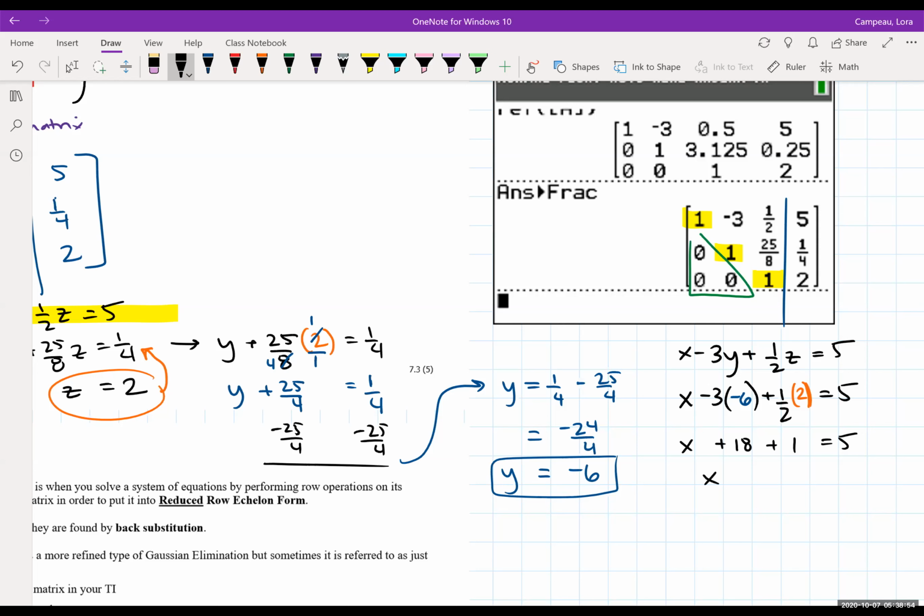A nice simplification: x plus 19 equals 5. Then we subtract 19 from both sides, which leaves x equals 5 take away 19, so we have negative 14. That is our value of x.